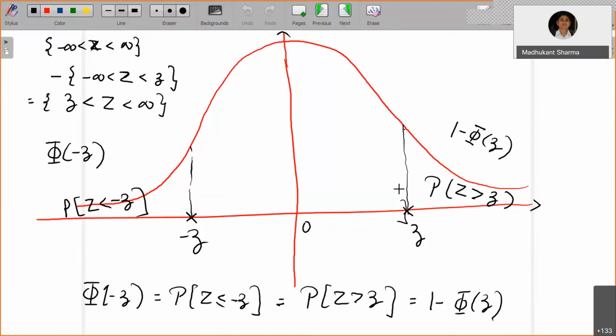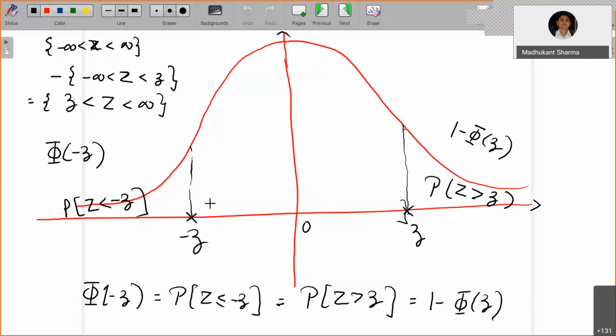Half of the area is covered before the y-axis and half after. Take x equals minus z and x equals z: the area covered before minus z will be the same as the area after x equals z.